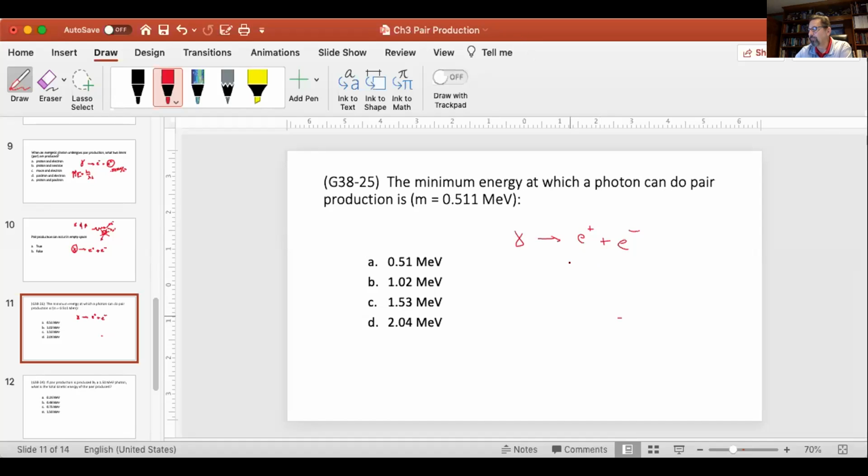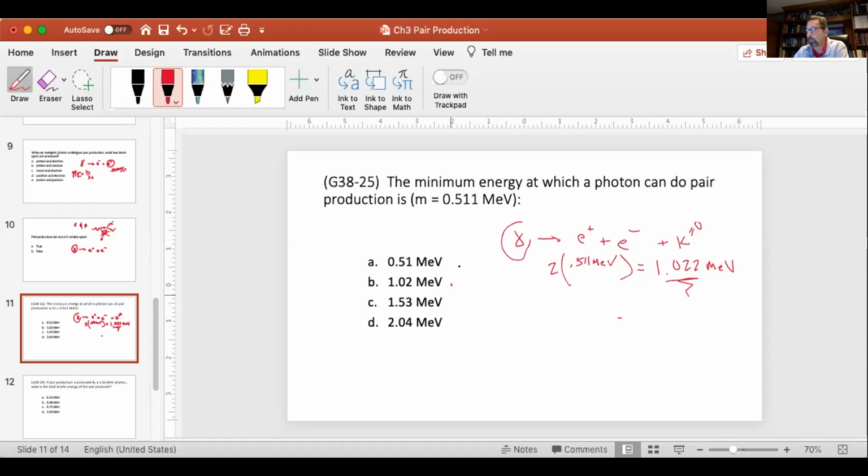All right, look, if this particle has a rest mass of 0.511 MeV, and so does the other, that means at the end you have to have at least double that, 1.022 MeV, just in rest mass. That would give it no kinetic energy, because they would just get created and sit there next to each other and probably very quickly annihilate away. But if you don't have that much energy in this gamma, this can never happen.